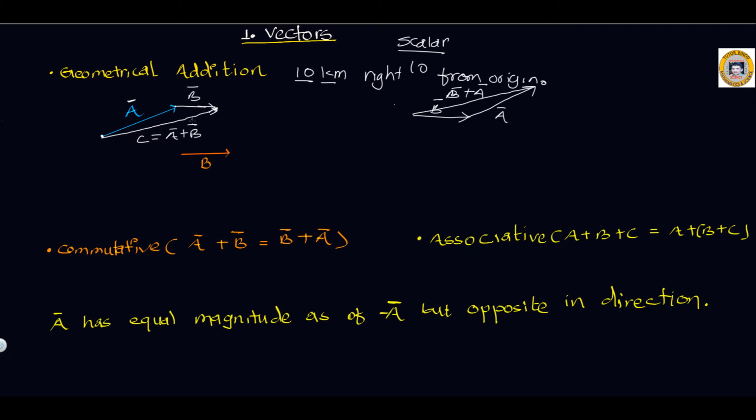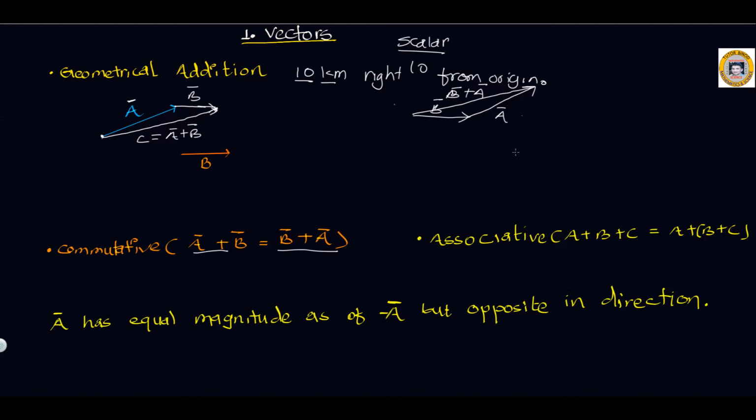So A plus B vector and B plus A vector are of the same magnitude and direction is also the same. So vector addition is commutative because A plus B is equal to B plus A.